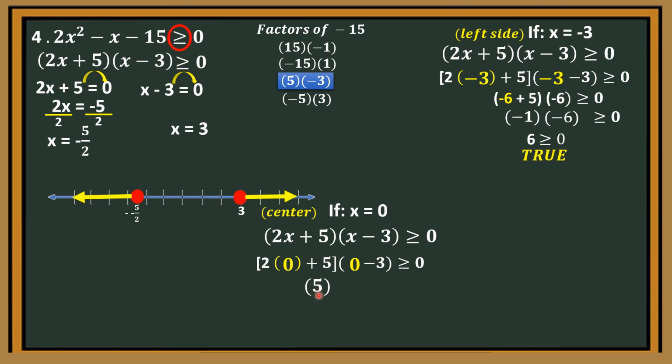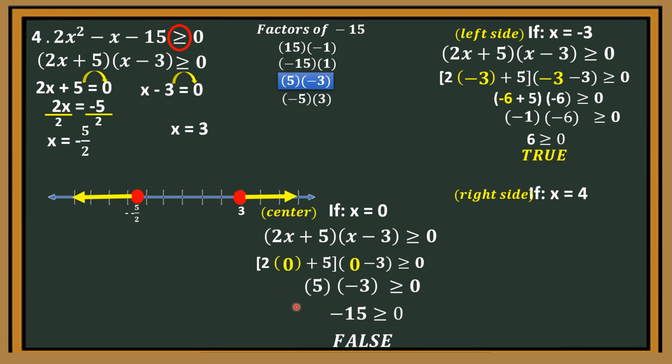Plus 5, kaya naging 5. So, 0 minus 3, the answer is negative 3. Copy greater than or equal to 0. Multiply the 2, that is negative 15, is greater than or equal to 0. So, ang tanong, negative 15 is greater than or equal to 0? False. So, therefore, ang center natin ay hindi kasama.